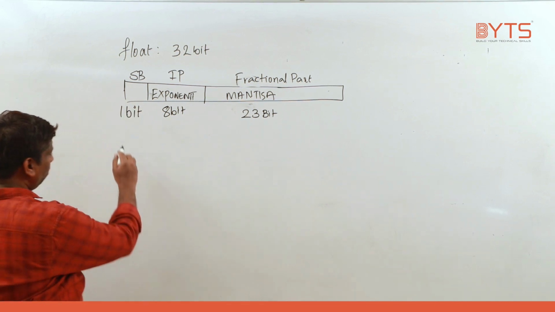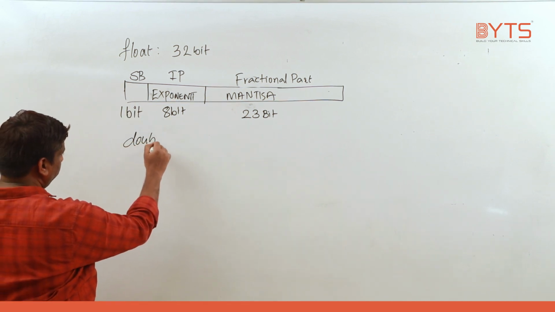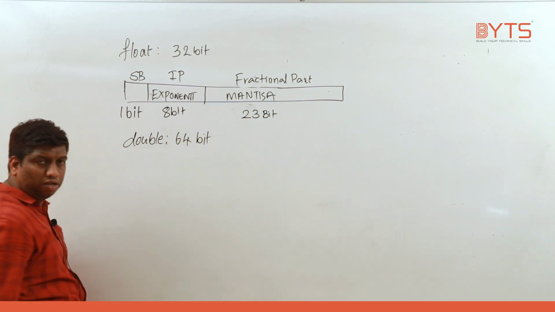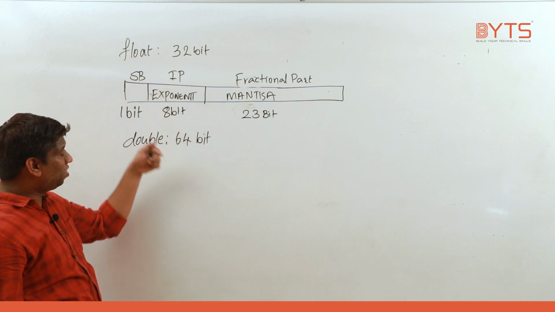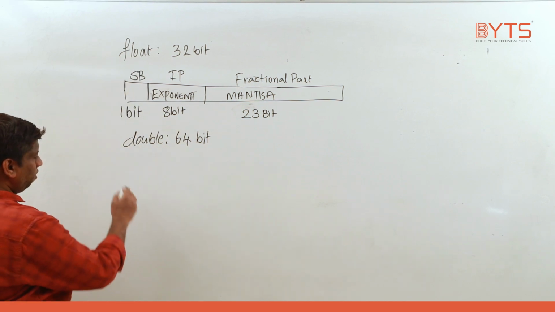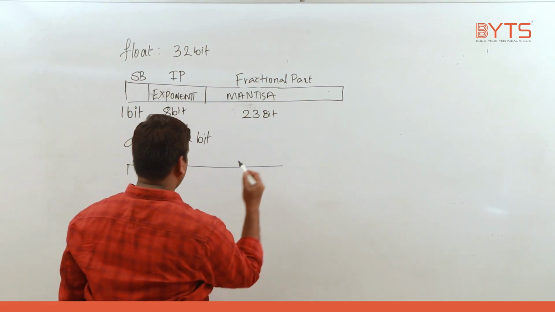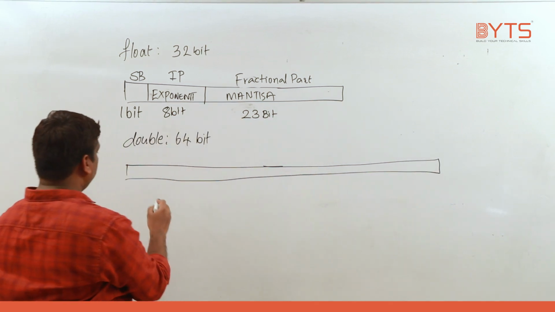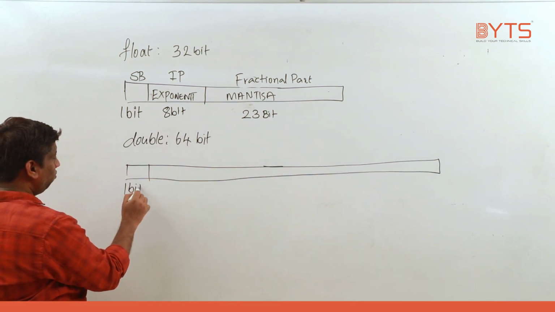Well, now double. What is the size of double? 64 bit. We discussed, right? Float size is 4 bytes and double size is 8 bytes. One bit for the signed bit.